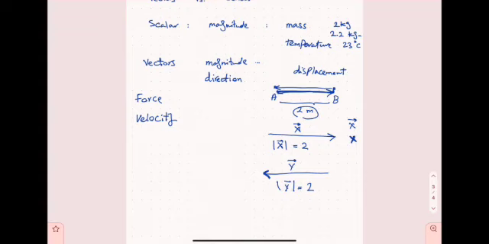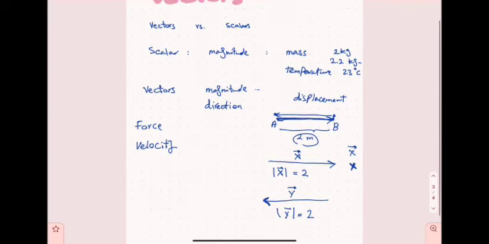We will talk about all this later. But for now, we understand the difference between vectors and scalars.